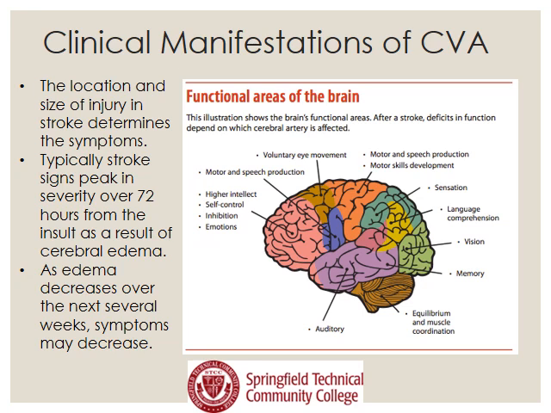And this is a nice picture that just shows you different functional areas of the brain. The frontal area controls emotions and higher intellect and self-control and inhibition. Your eye movement is across the top. Your motor strip is kind of at the side of the top and the back of the top.